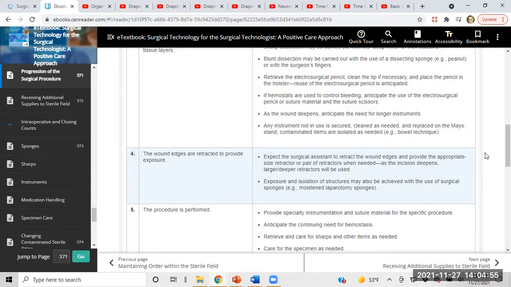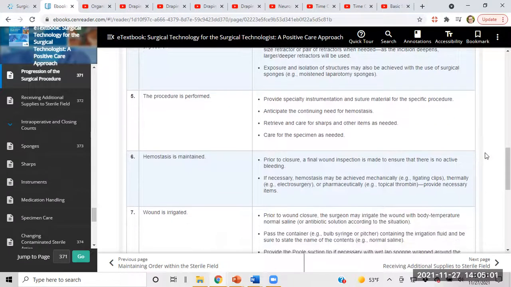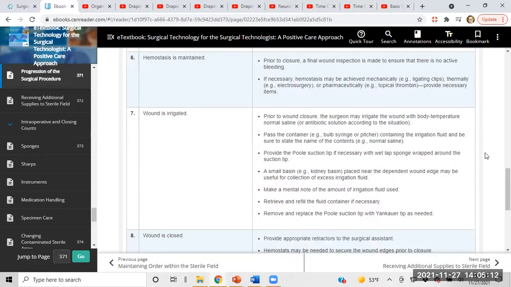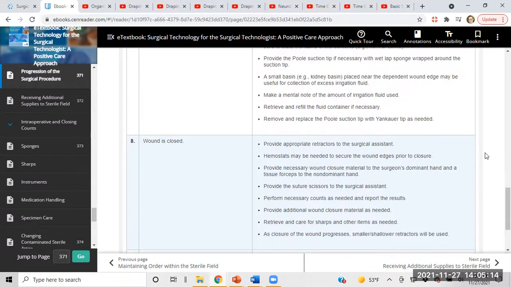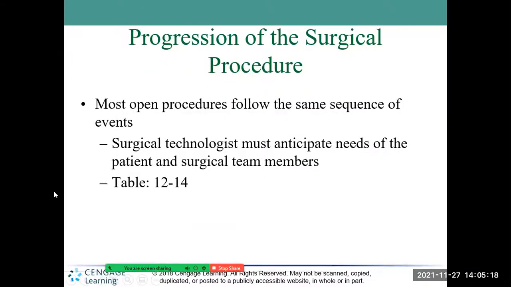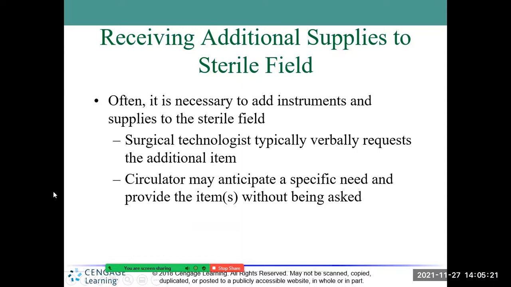Also make sure that as soon as it's ready for the wound to be retracted, you've got the retraction equipment ready. And then as they move through the procedure, make sure the instruments and suture materials are ready. Wound irrigation is going to be continuous through the case as needed. Wound is closed, dressing applied. So just make sure that you read through all of that and are comfortable with it.